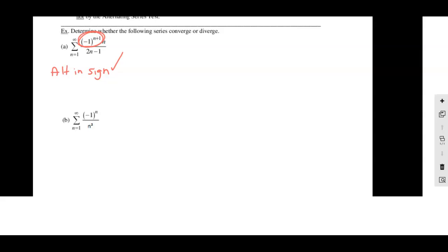The next thing I would really check is what's the limit as n approaches infinity. There's really nothing you need to do to check for decrease in magnitude. If you wanted to plug in n equals 1, then n equals 2, and then n equals 3, and actually look at the terms in that list, you could give it the eyeball test and see that the terms do get smaller.